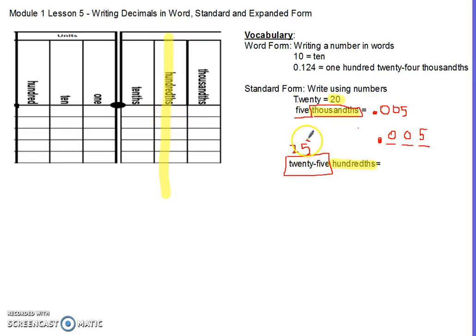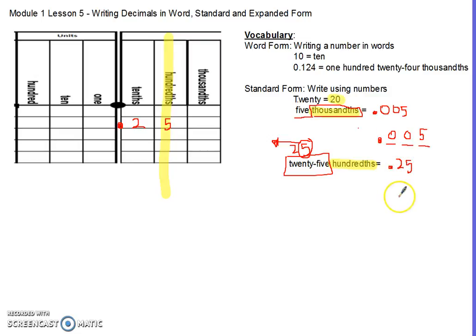My first number going backwards is 5, so I place that in the hundredths column, and then I keep moving to the left, and my next number is 2. So that goes here. I'm at my decimal, and I don't have any more numbers after the 2. So 25 hundredths would be written as 0.25.